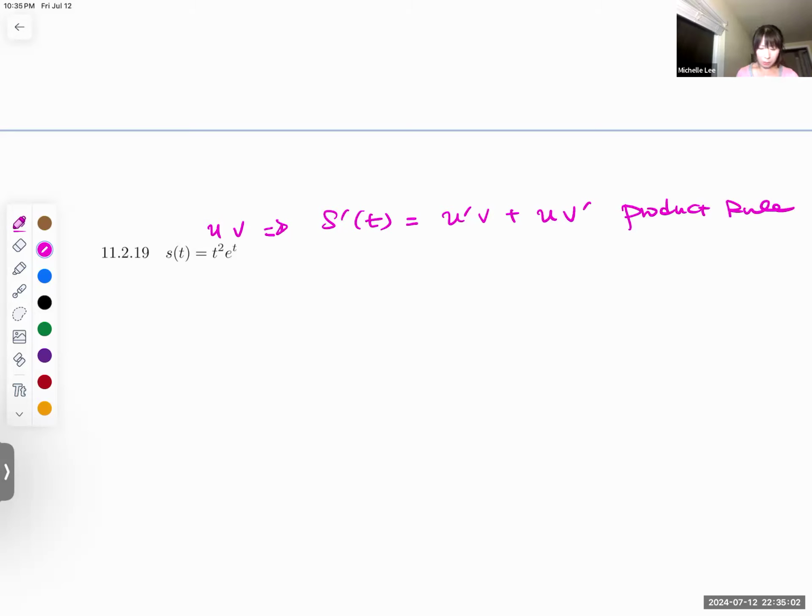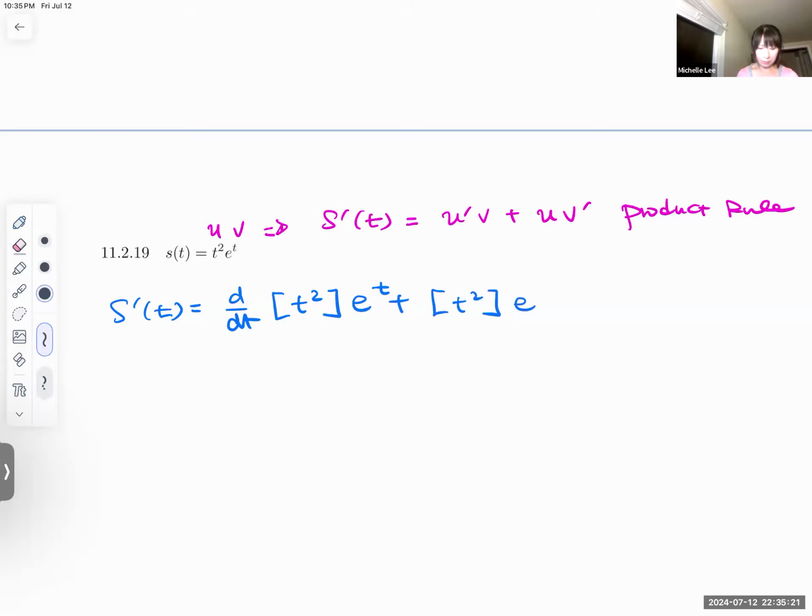Then that will be s prime over t, the derivative with respect to t squared times v, plus u times v prime, e to the t prime.